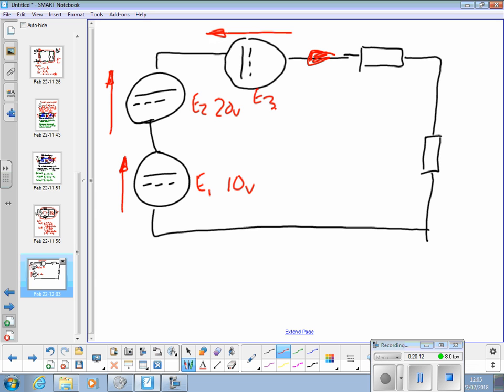This is an example of where we made an arbitrary decision, because we don't really know what direction it's going in until we know more information. So having done that, we can then make that V1 and that V2: 30 and 20 volts.